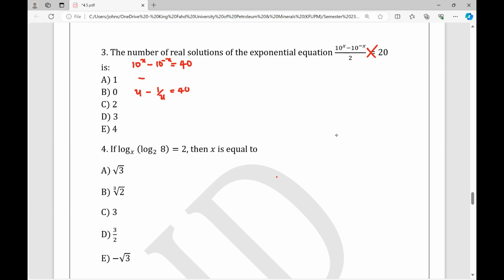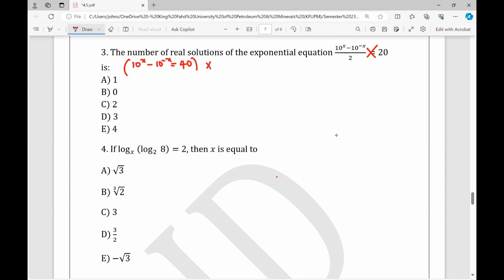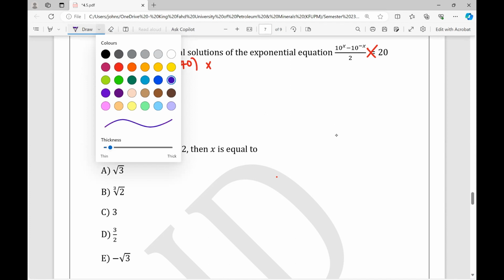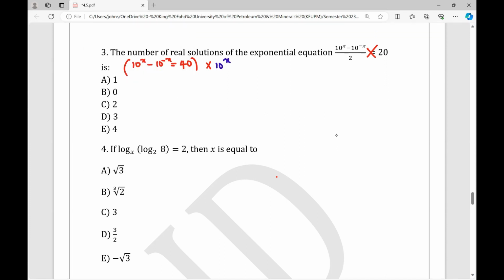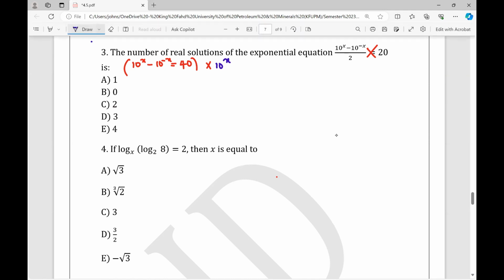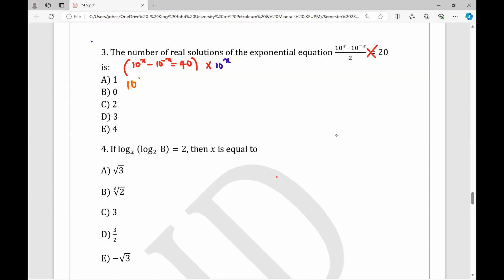Or before you do this, you can just multiply both sides by 10 to the power x. And the moment we do that, what are we going to get? We will have 10 to the power 2x minus 1 equals 40 times 10 to the power x.